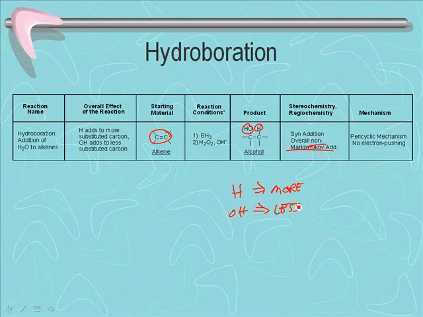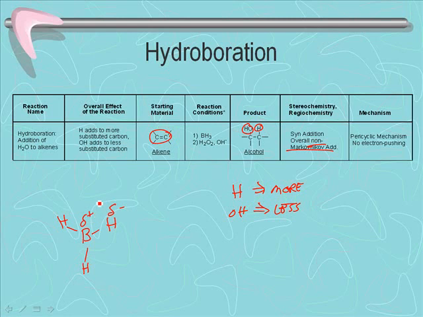We have two steps in this reaction. In the first step, we react with a reagent called BH3. BH3 has this structure. It's actually a dimer with a bridging hydrogen, but we can simplify it by simply writing it as BH3. The hydrogens are actually partially minus in this structure, and the boron is partially plus.